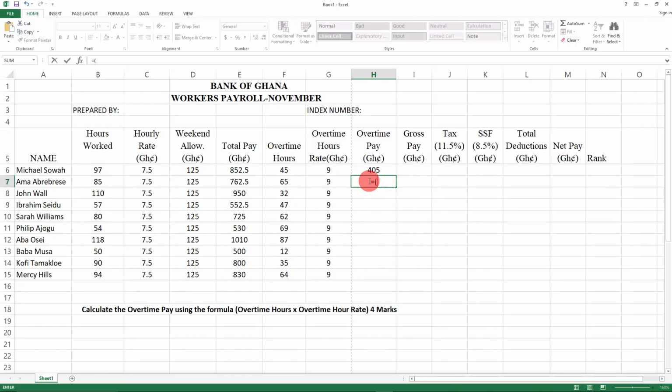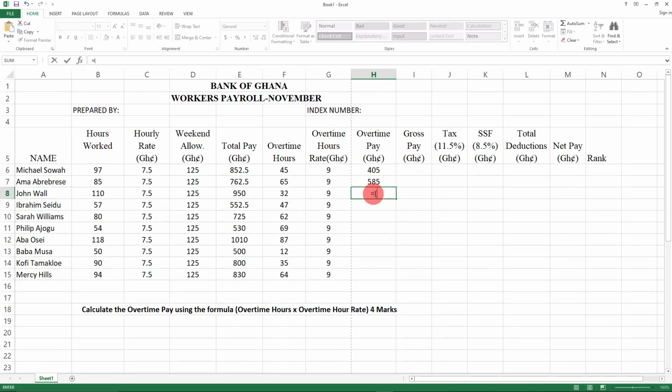So we do the same thing. Equal, Ama Abebrese's overtime hours, which is 65. So F7 for Ama Abebrese by 9, which is the G7. Okay, we've gotten Ama Abebrese's own. Let's go for John Wall.